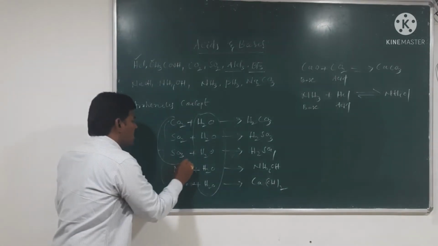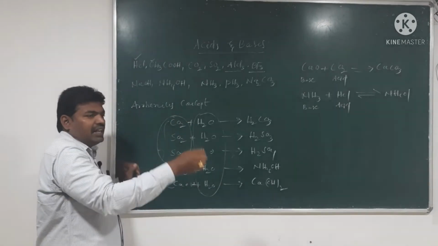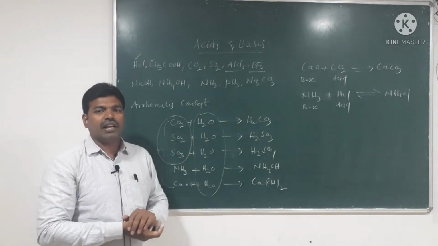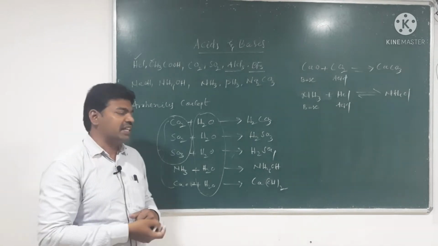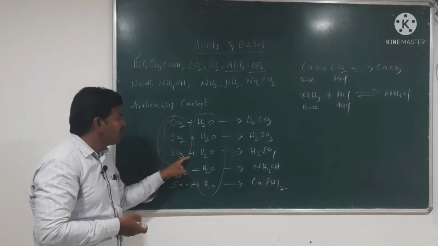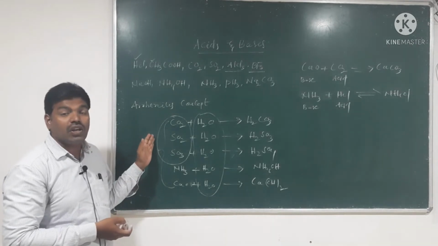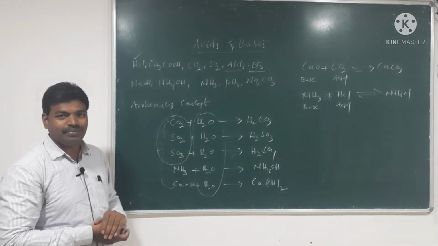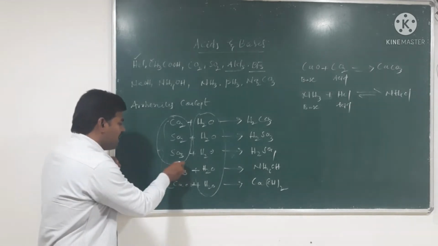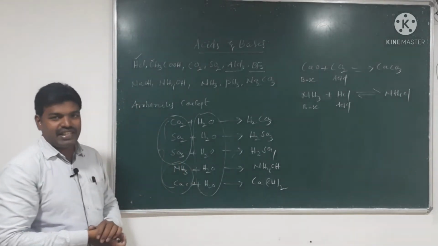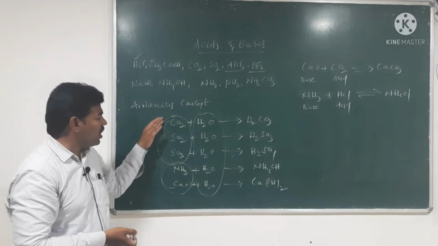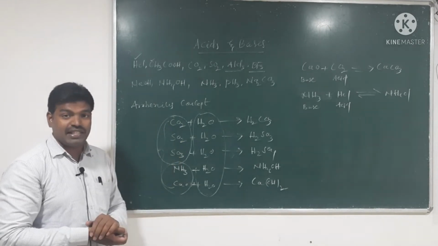In the upcoming classes we can say that CO2, SO2, SO3 are called non-aqueous acids, and NH3 is a non-aqueous base.